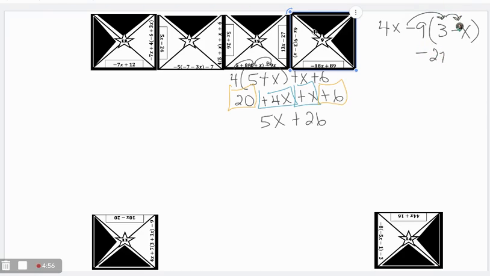Negative 9, remember there's an understood 1 there, so negative 9 times negative 1 is positive 9, and then I'm going to drop down that 4x. And then I can combine like terms, so I have 4x plus 9x, which is going to give us 13x. And I drop down the negative 27. So the 13x minus 27 does match with that one there.